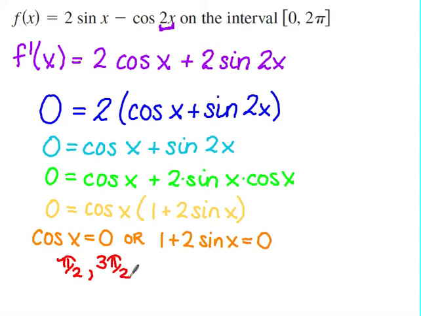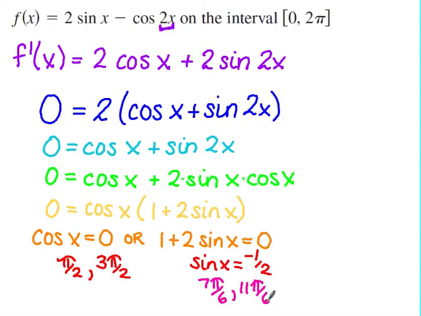On this next one, I'm looking for where sine x equals negative 1/2. Once again, on your pink sheet from last year, where does sine equal negative 1/2? The answer is at 7 pi over 6 and 11 pi over 6.